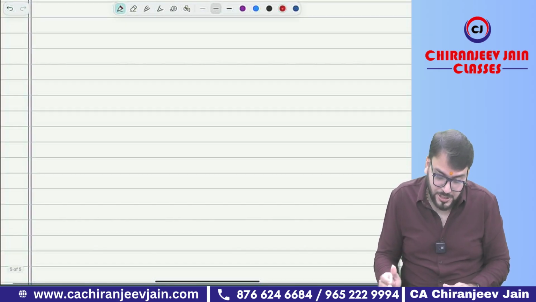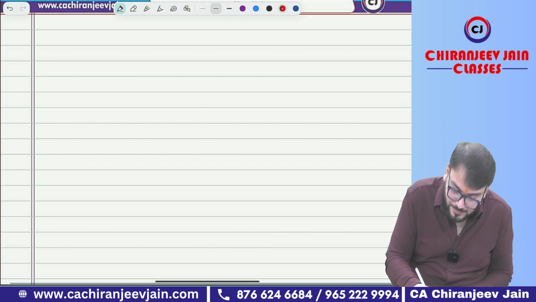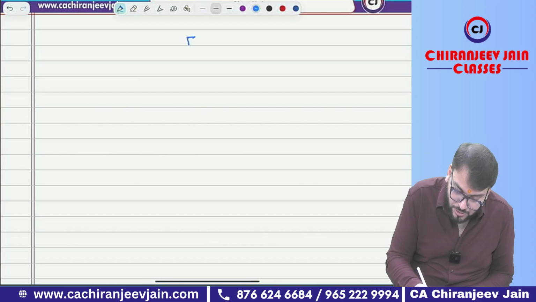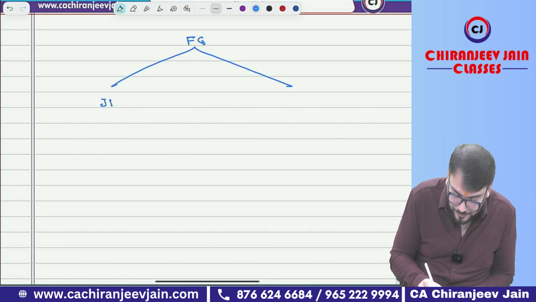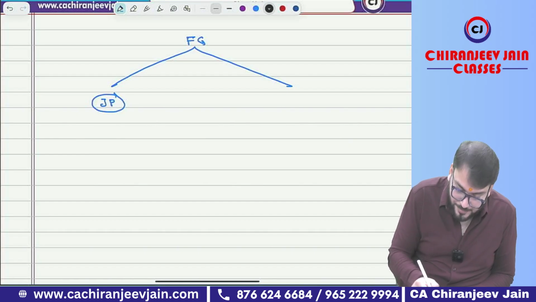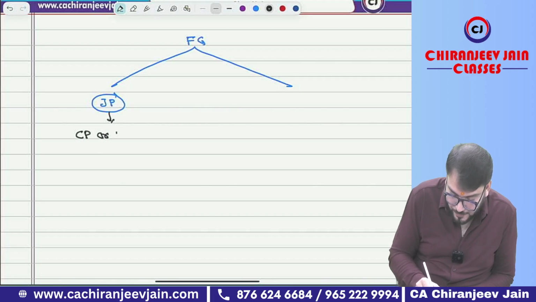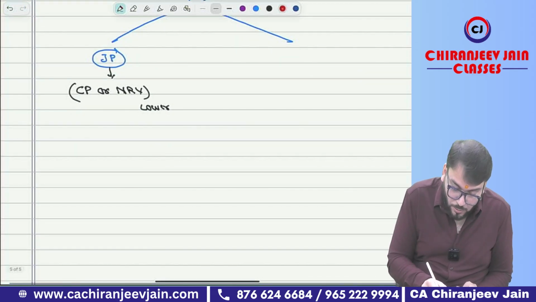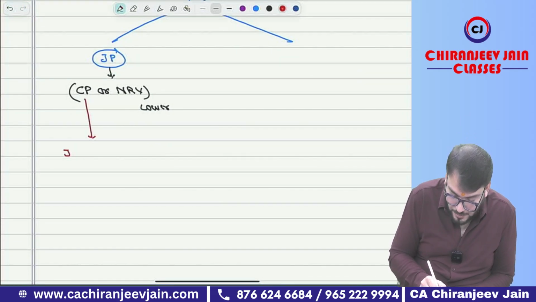What do they want to say? Whenever finished goods are joint products, then you need to find out cost price, then NRV, then the lower. Now how to find out cost price?